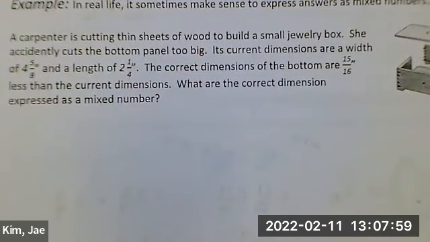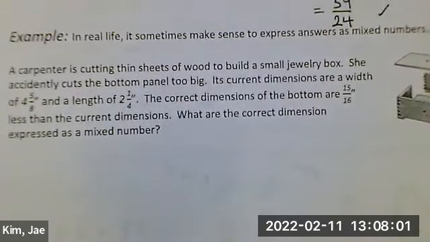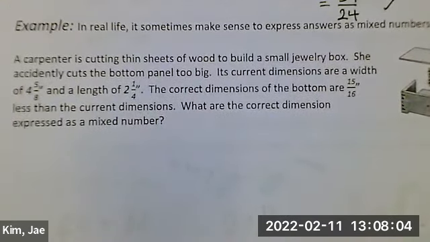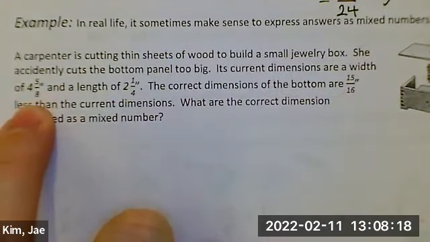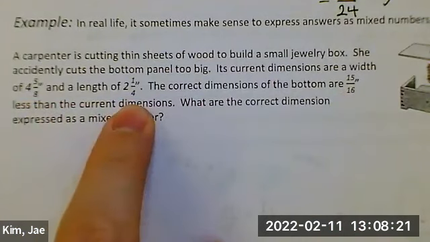Take a look. In real life, it sometimes makes sense to express answers as mixed numbers. So we're going to go backwards. A carpenter is cutting thin sheets of wood to build a small jewelry box. She accidentally cuts the bottom panel too big. Its current dimensions are a width of this and a length of this.